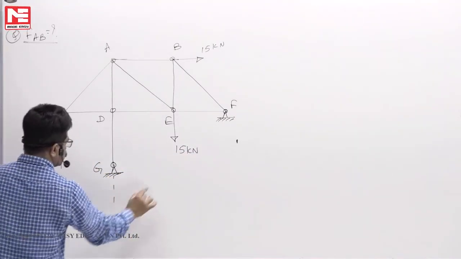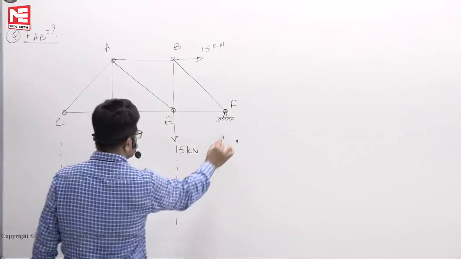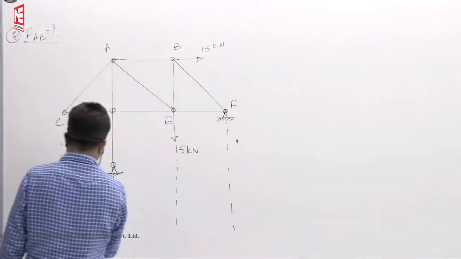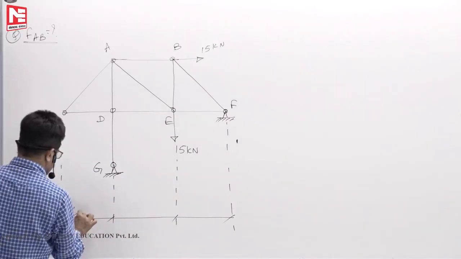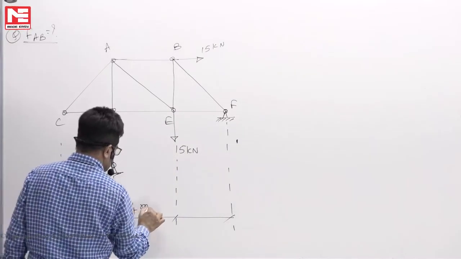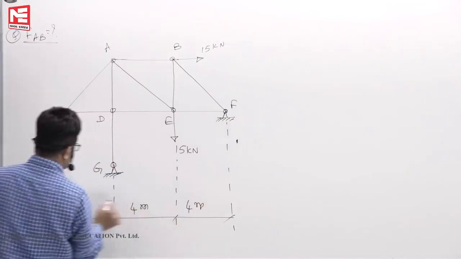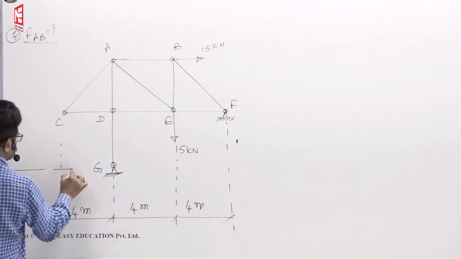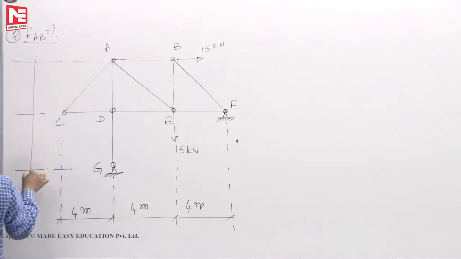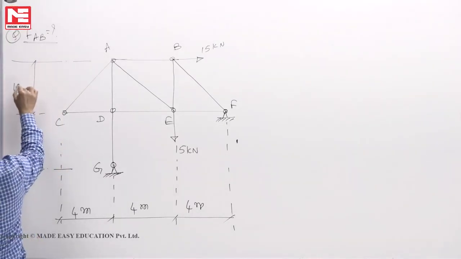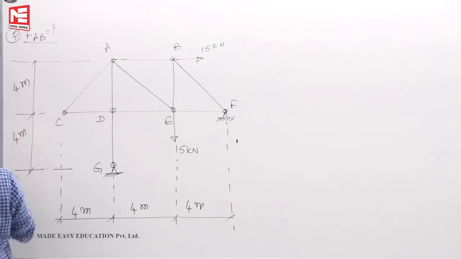The distances are given something like this, say 4 meters, 4 meters. This is also 4 meters, 4 meters.